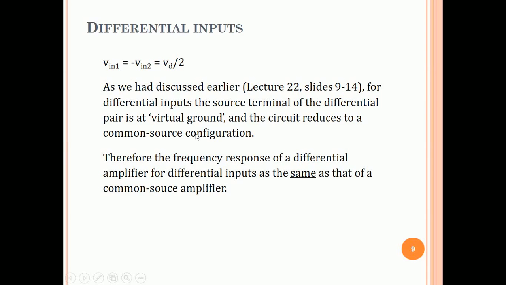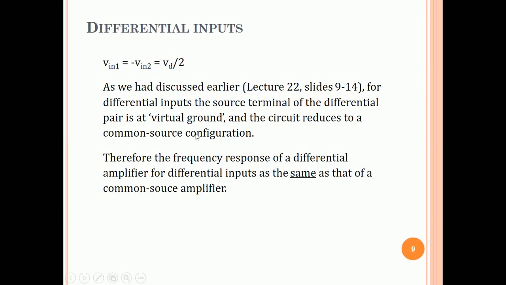As a result, for differential inputs, the frequency response of a differential amplifier is identical to the frequency response of a common source amplifier, and that we have studied. Therefore, we don't need to study it again. We just go back and look at a common source amplifier.